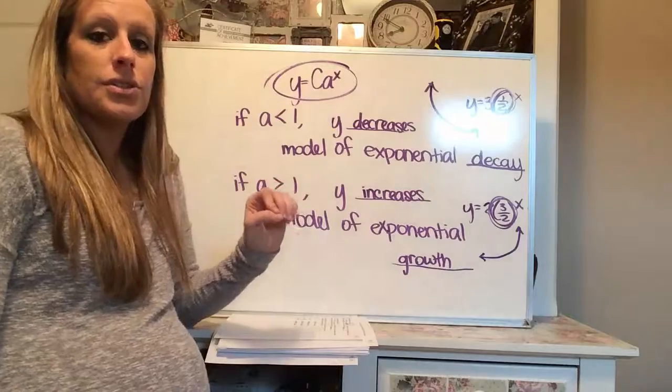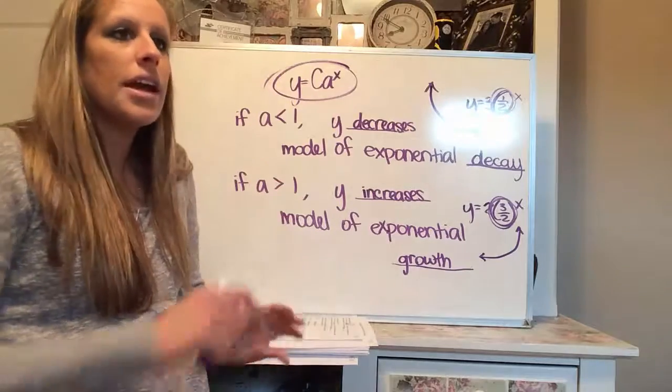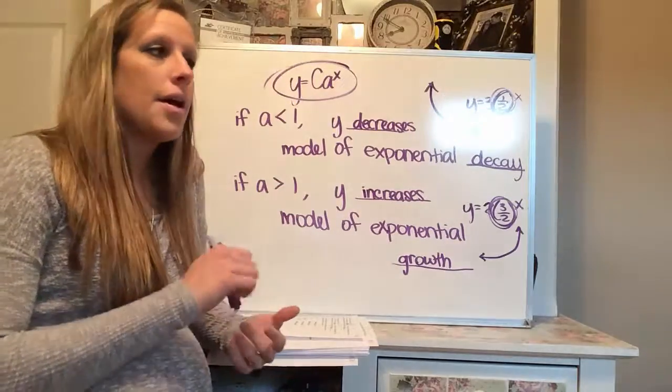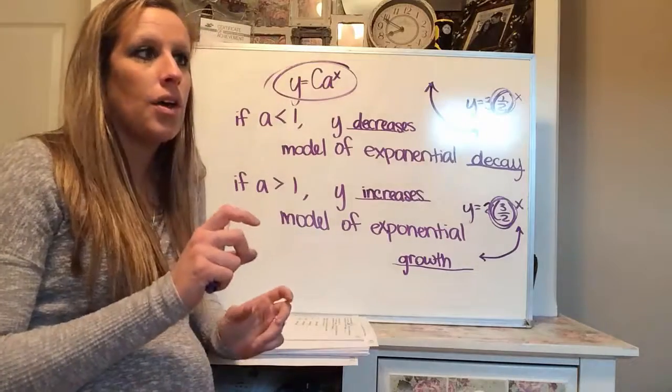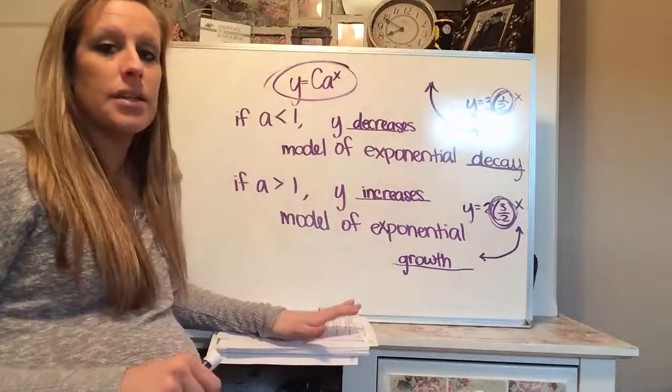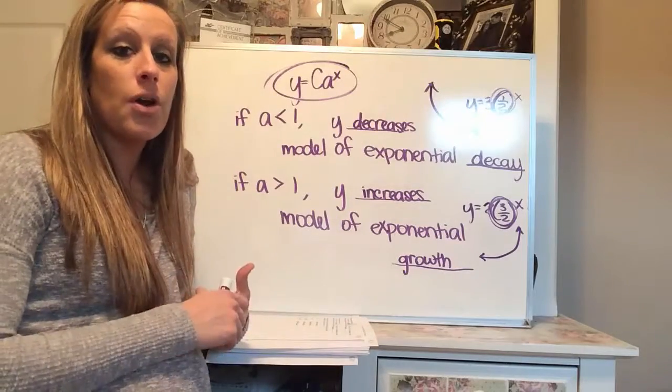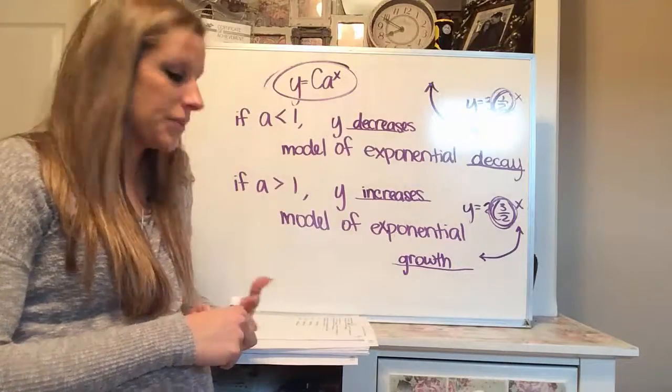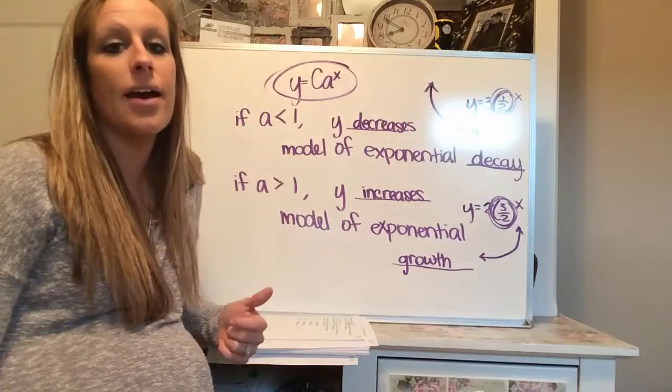All you're going to do is look at your base. You don't care about the number in front. You just care about the base that has the x as the exponent. Write down if it's exponential growth or exponential decay. I'm going to give you a few seconds to try it out, and then we'll check.